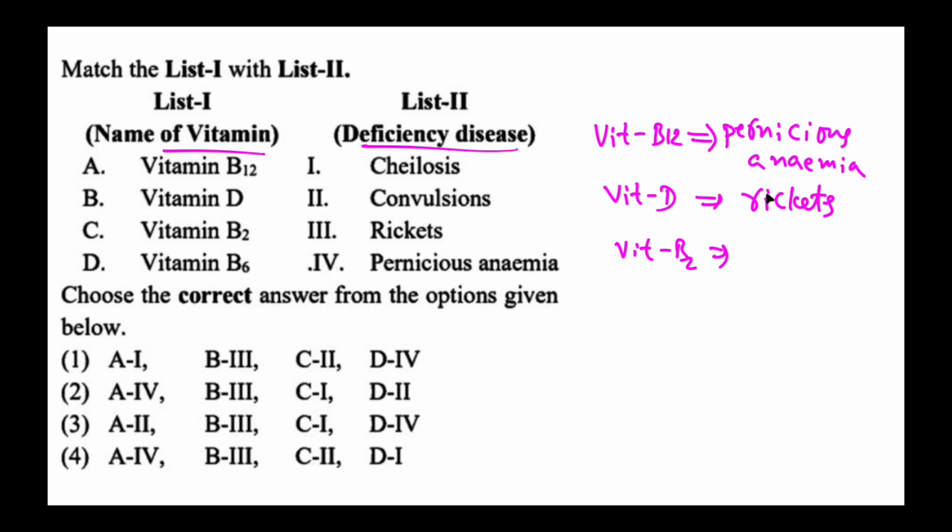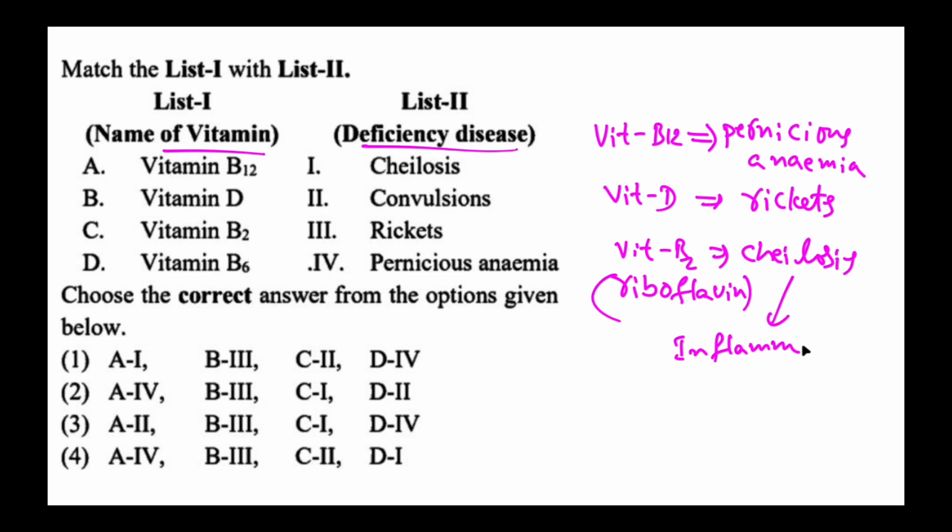Then vitamin B2. The name is riboflavin. Vitamin B2 deficiency causes cheilosis. Cheilosis means inflammation and cracking in the corners of the mouth.